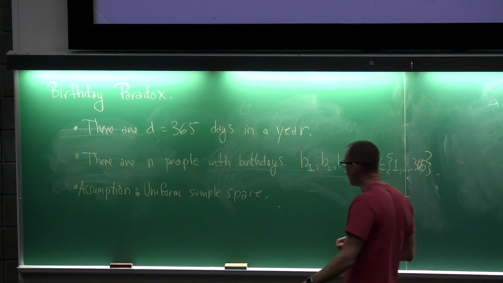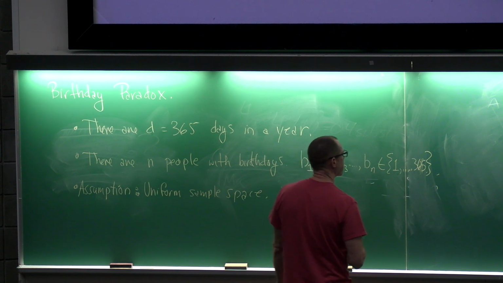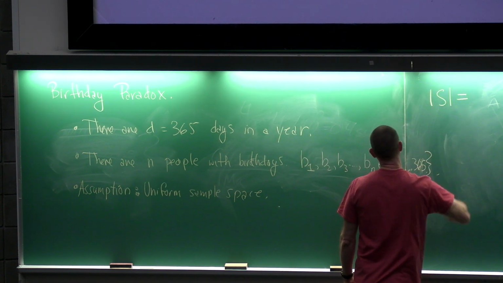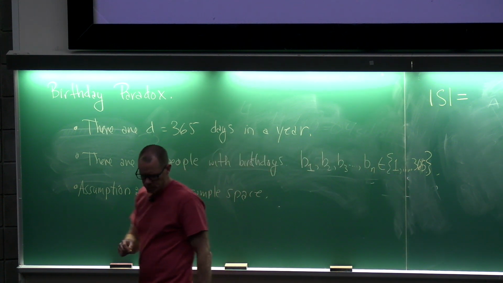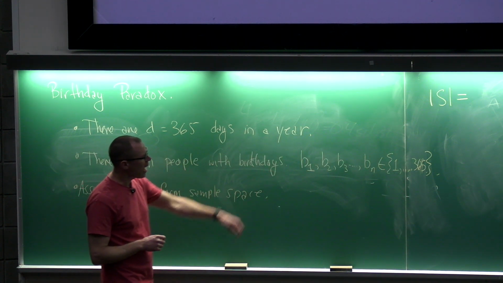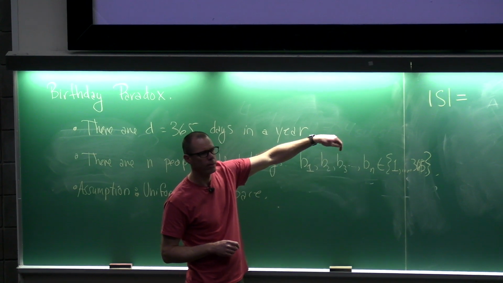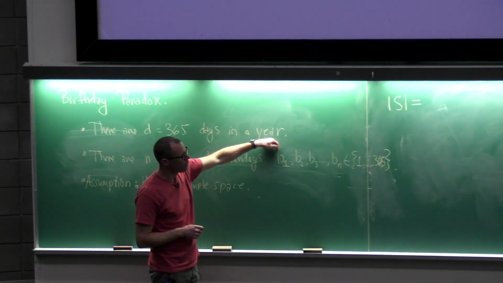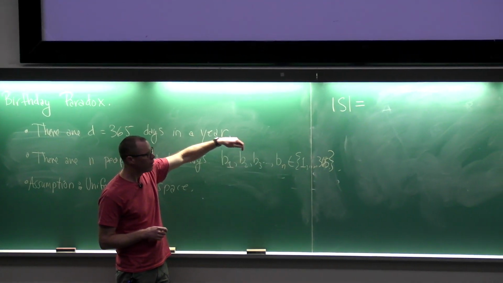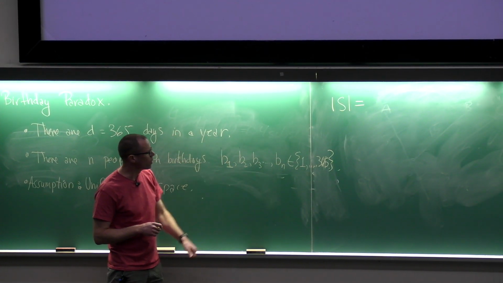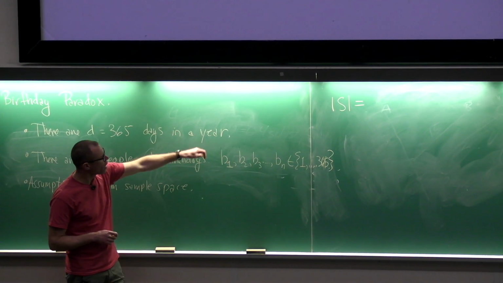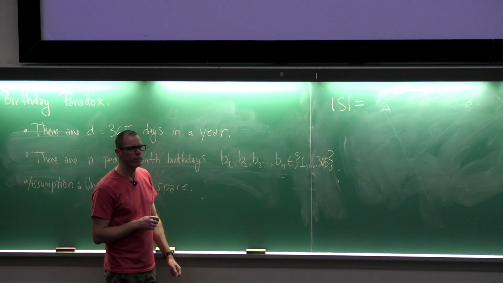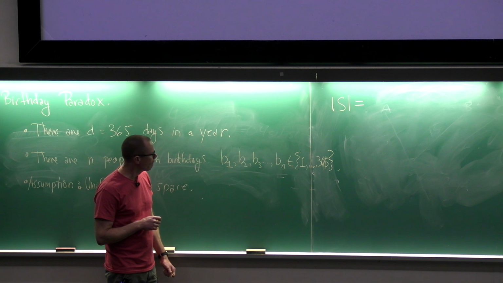So if I have n people, or if you like, I have n integers. Each one is in the range 1 to 365, so a sequence of these n integers. How many different possible sequences are there? 365 to the power. Yeah.